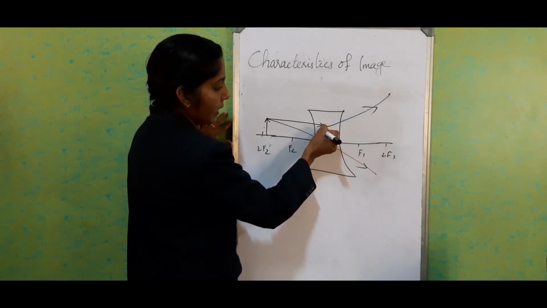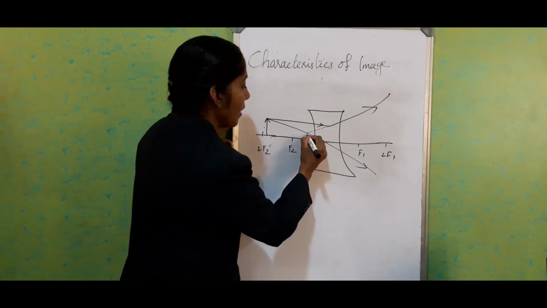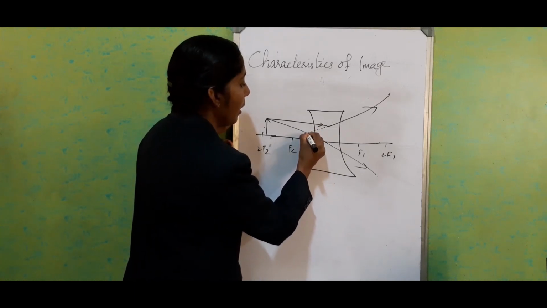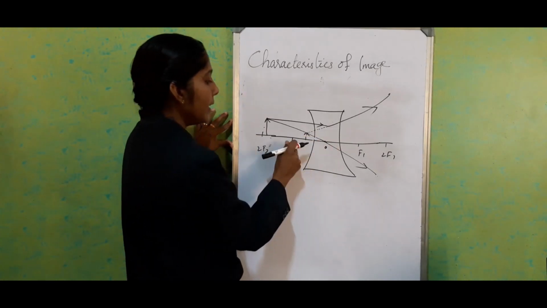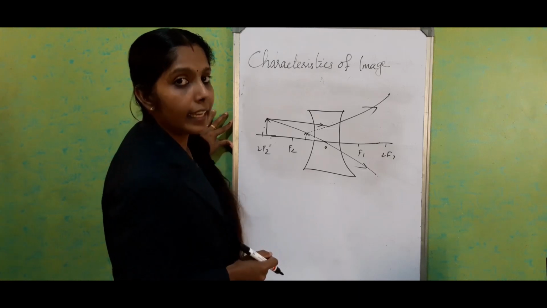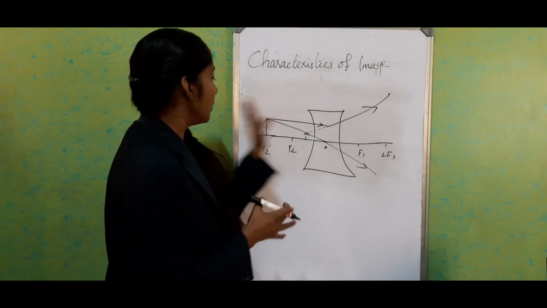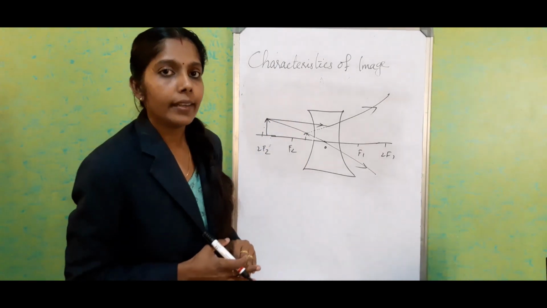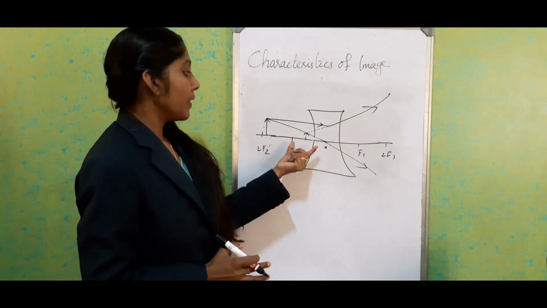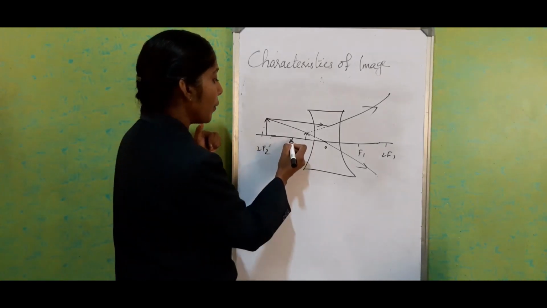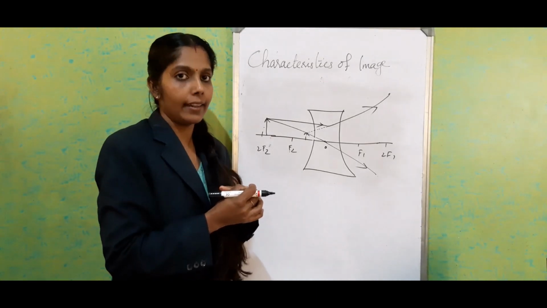If we extend these lines, we will get the image position here. So here is our object, this is our optic center and this is the second focus. Irrespective of the position of the object, in the case of a concave lens, we will always get the image in between the focus and the lens.